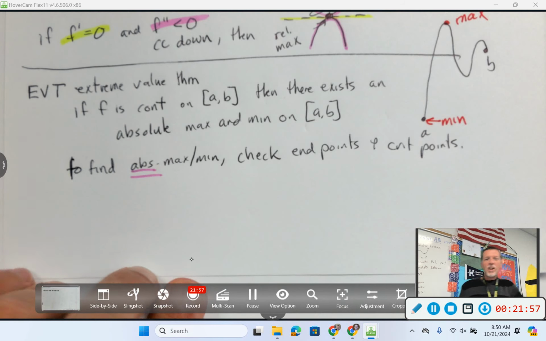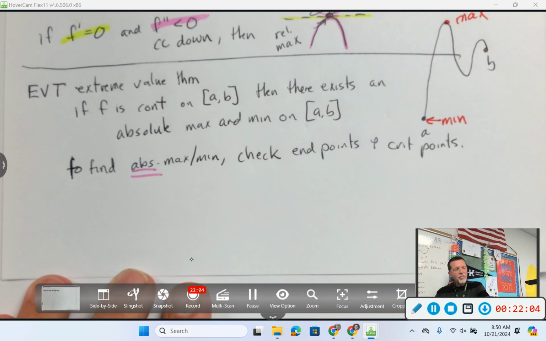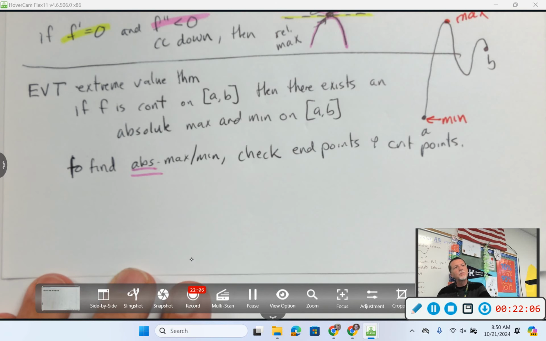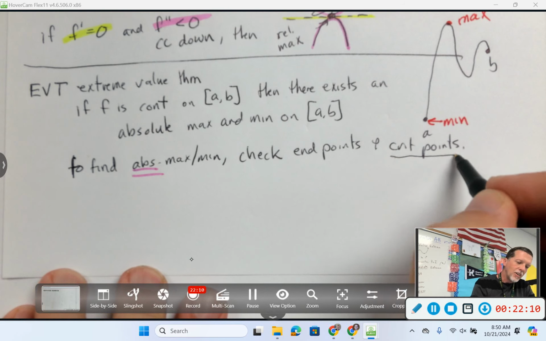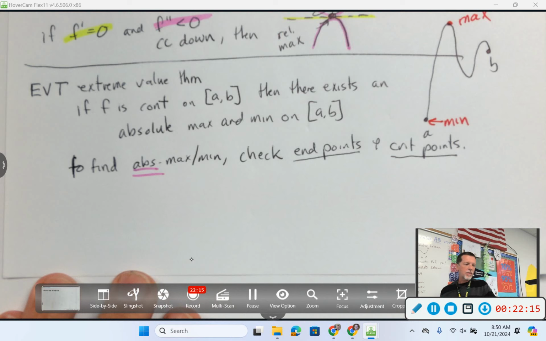Most people remember to check the critical points, but they forget to check the endpoints. And I guess because critical points, like we just spent 5 minutes talking about critical points leading to maximums and minimums and increasing and decreasing. So that's kind of already in your head. It's just don't forget to also check the endpoints.